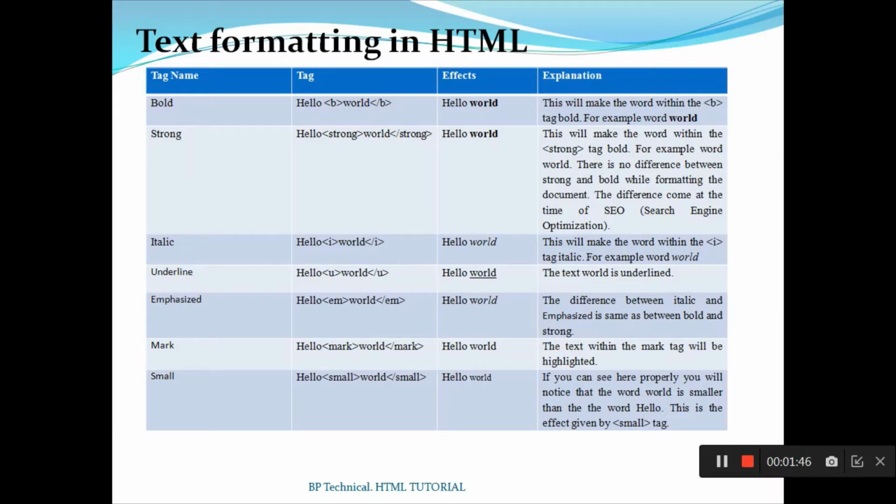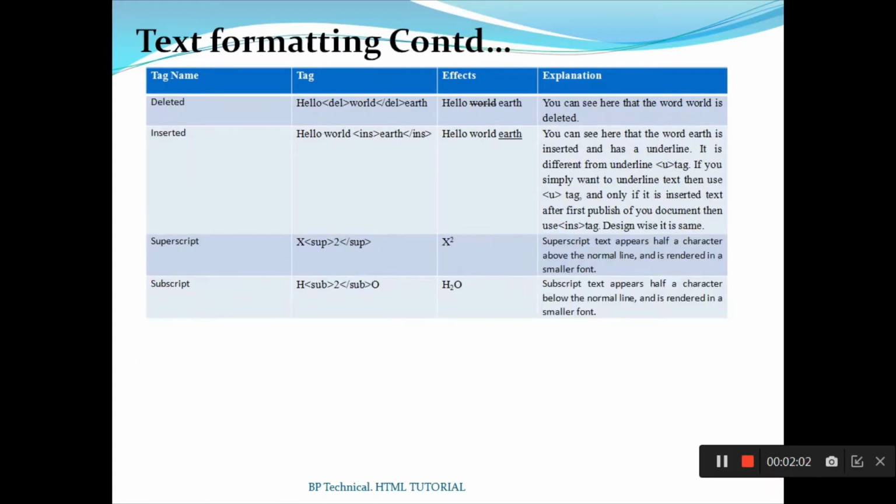It will show you some error in the code. So we should avoid using big. So small we can use, emphasize, italic, mark, then deleted, inserted, superscript, subscript. Now what are they? Let us understand practically.